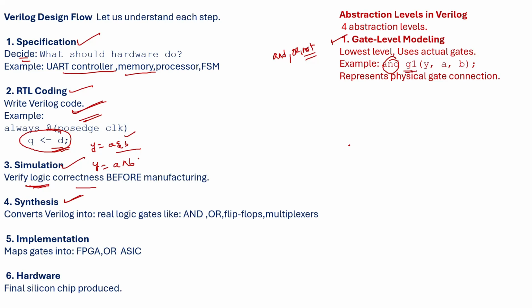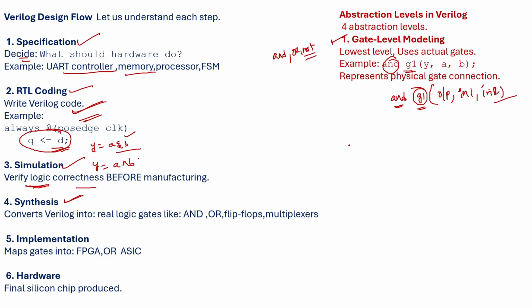Otherwise we need to explicitly mention that. After the gate keyword comes the gate name, for example the AND gate, and then the instance name. Then we write the output, comma, inputs: input 1, comma, input 2.